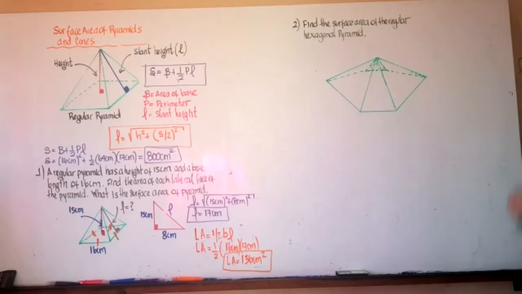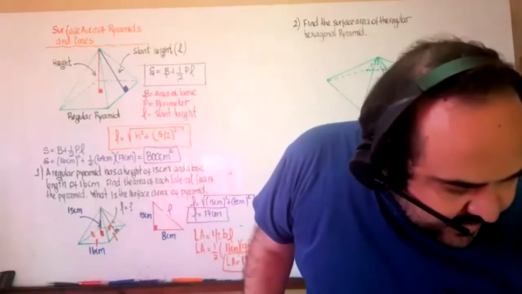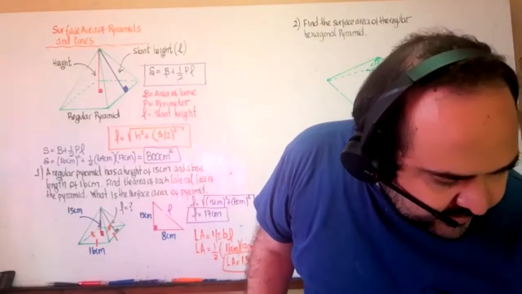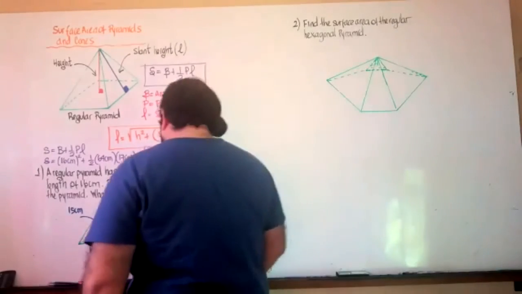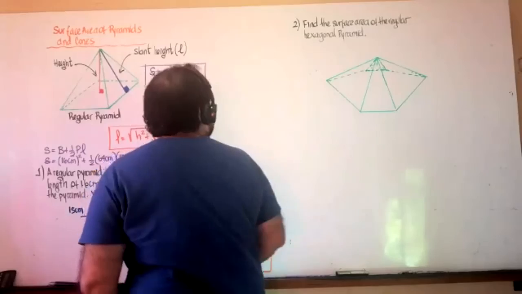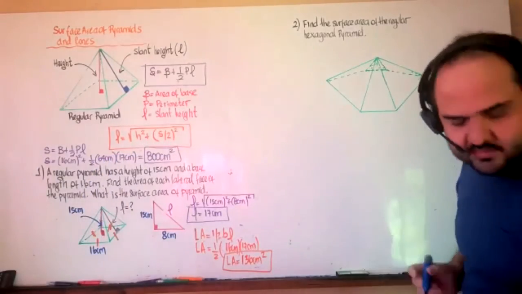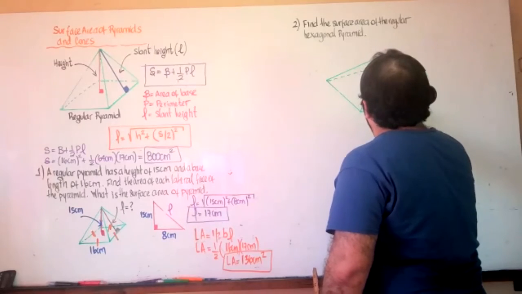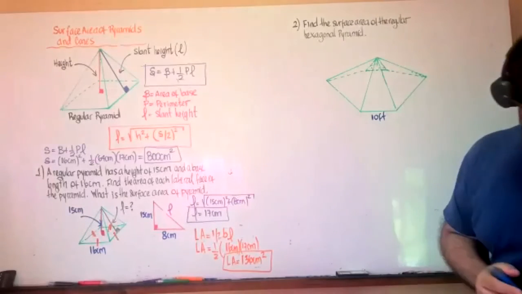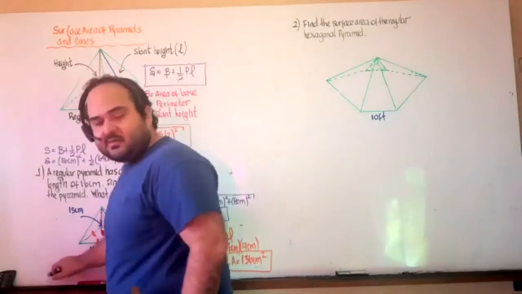El detalle es que esa es una pirámide de forma hexagonal. And according to the problem, we got 10 feet over here, 10 feet over here. We have a center.